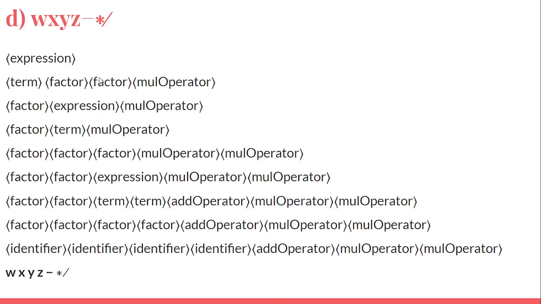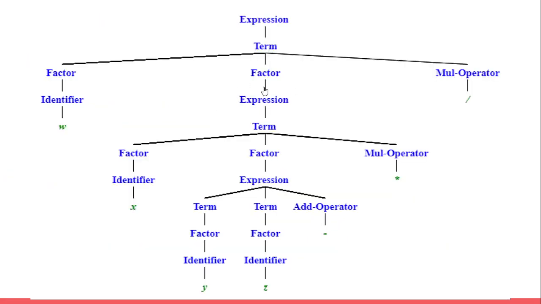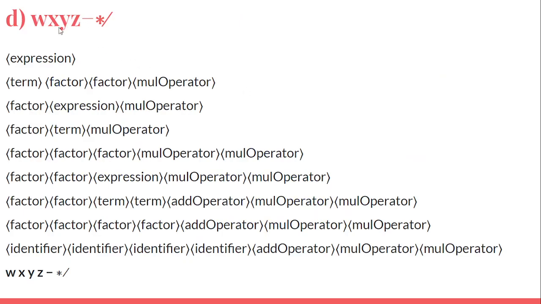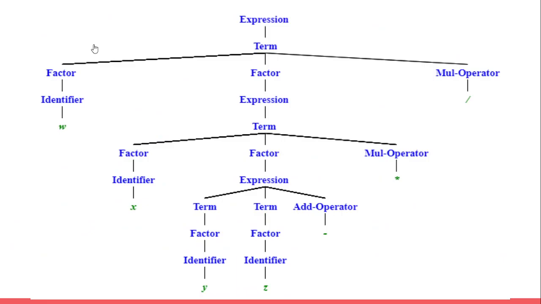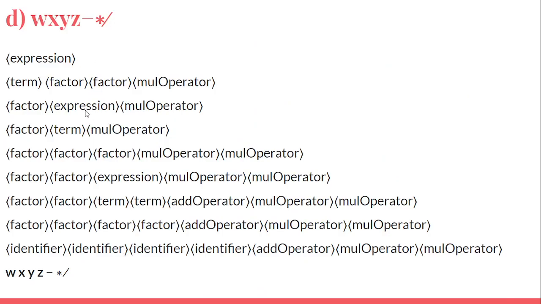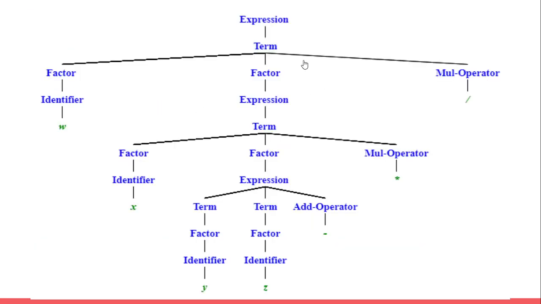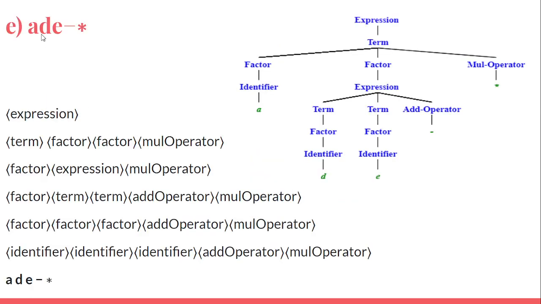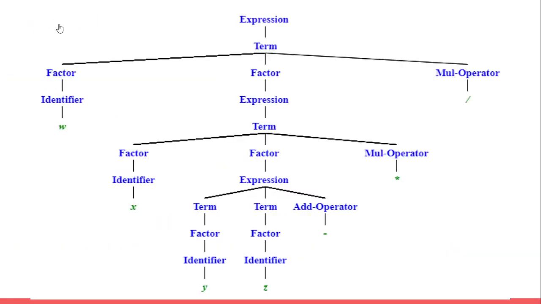Now the other factor will be replaced with expression, as we require more characters. Then this expression will be replaced with term again, and this term will again be replaced with factor multiply operator by applying rule number 2. The next character required is x, so this factor will be replaced with identifier, and identifier will be replaced with x.